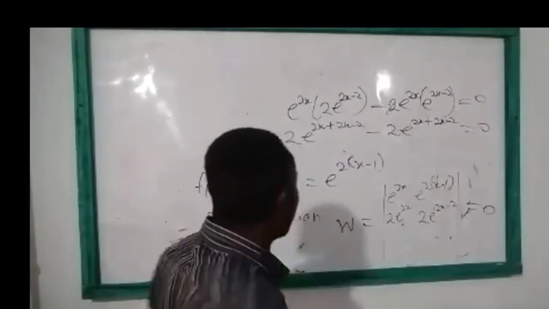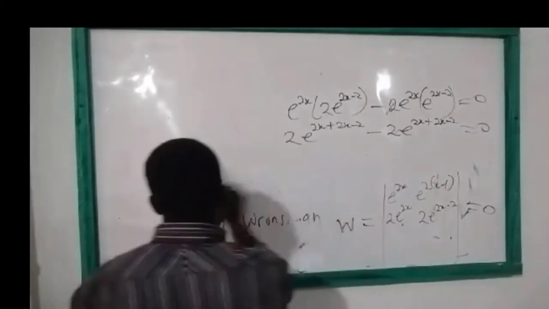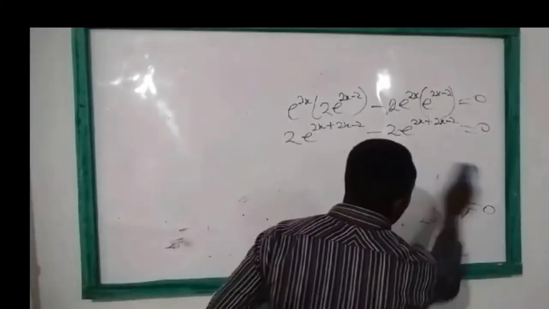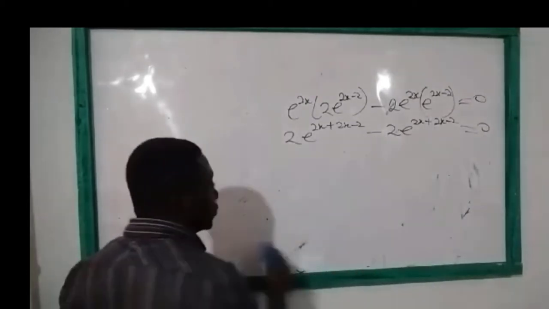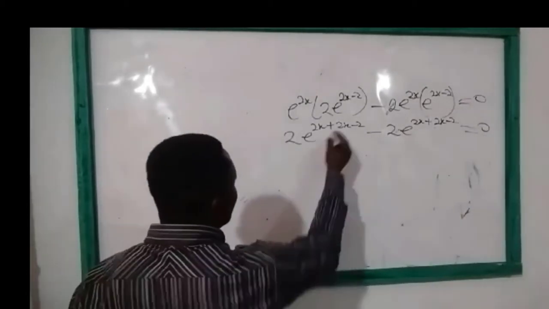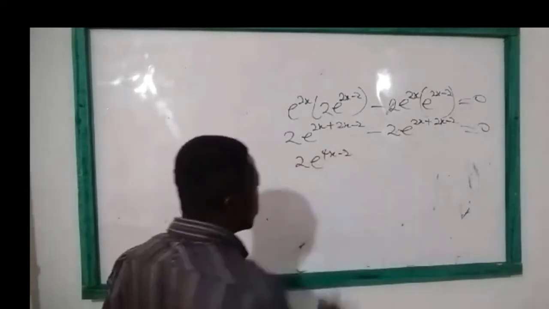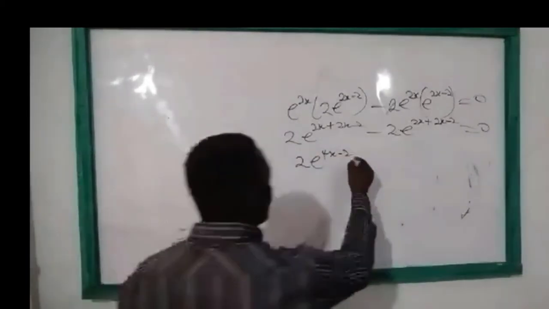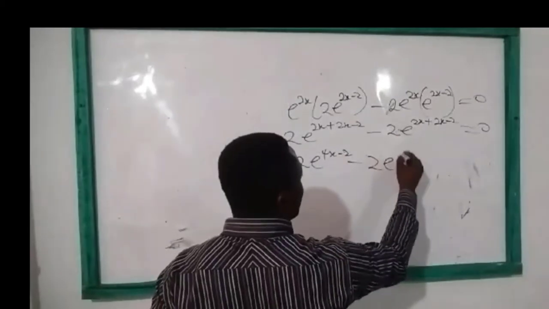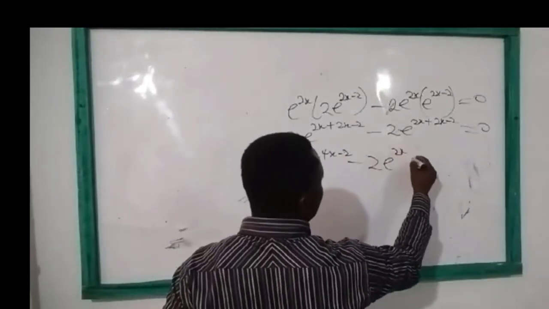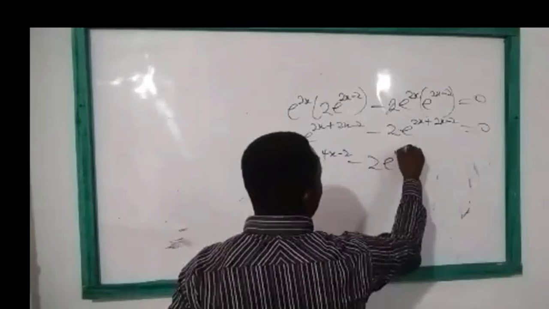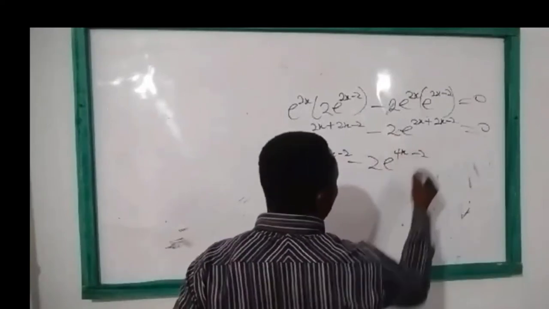Now let's simplify and see if we get 0. So you can see that we get 2e^(4x-2) minus 2e^(2x+2x-2) equals 0.